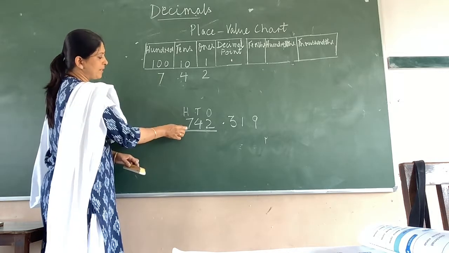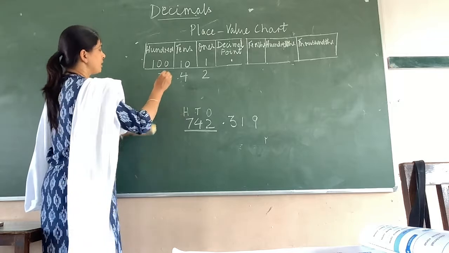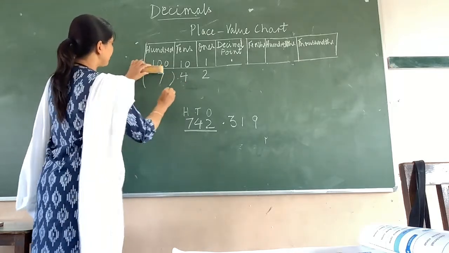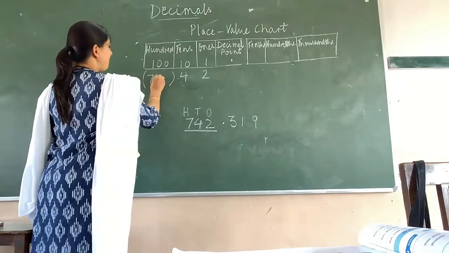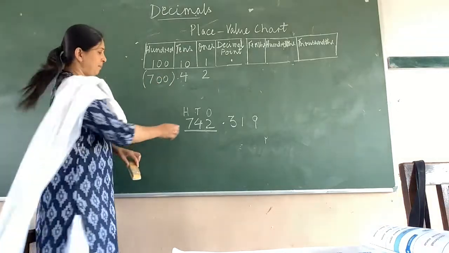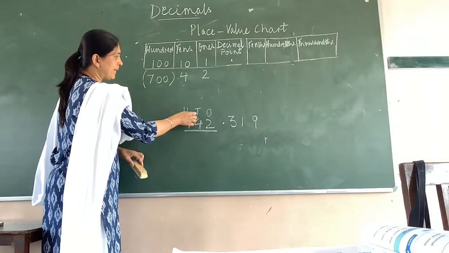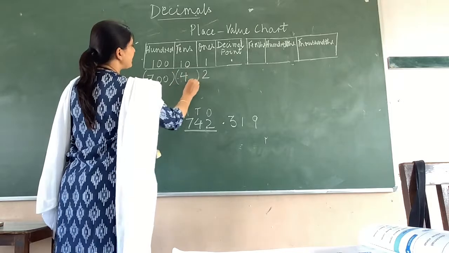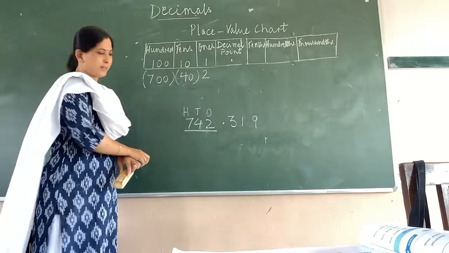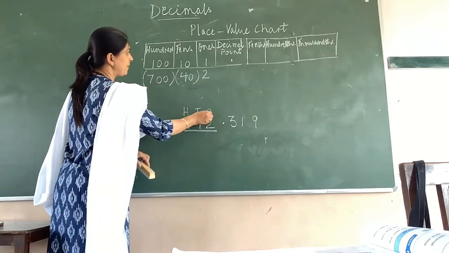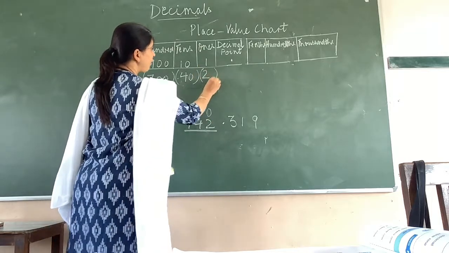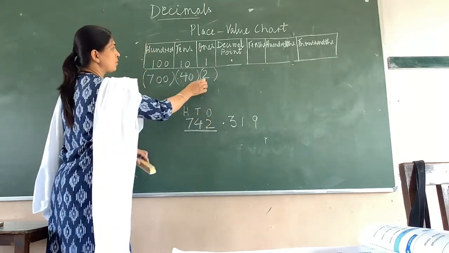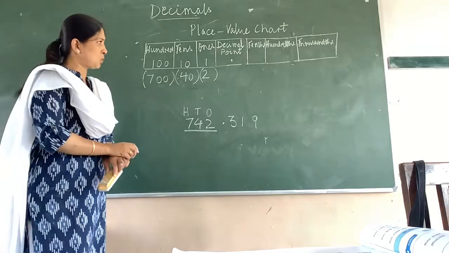Place value of 7 is 700. Place value of 4 is 40. 2 is in ones place, so place value of 2 is 2.